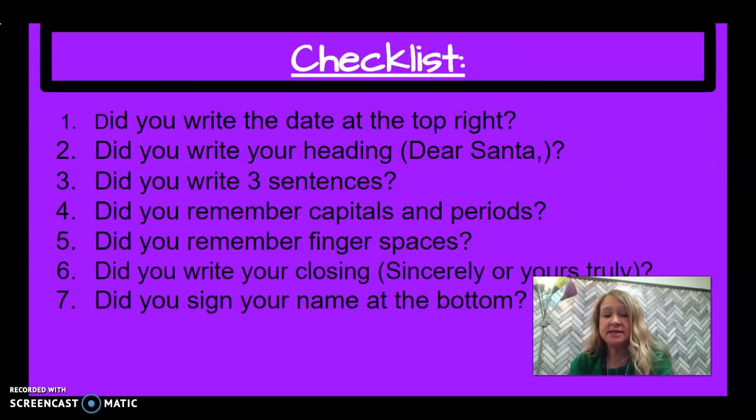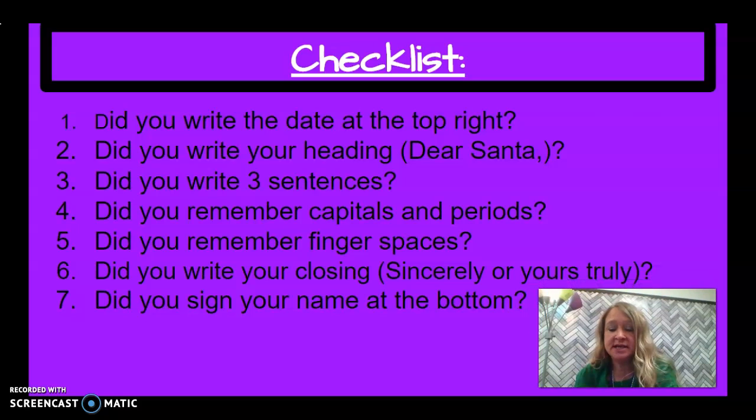Okay, the checklist is this. These are the things that you must have in your letter. You need to have your date at the top. Did you write your date at the top? Did you write your heading, Dear Santa or Dear whoever? Okay. Did you write 3 sentences? Something nice, something you want, something you need. Got to have 3 sentences. Did you remember capitals and periods in your letter?